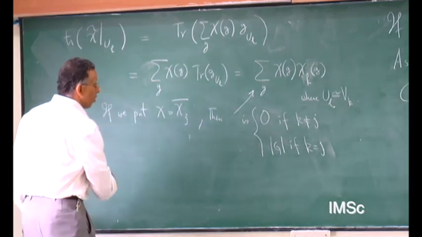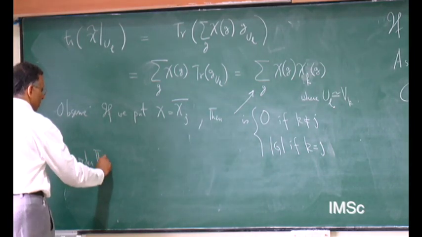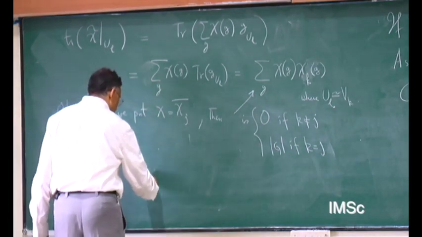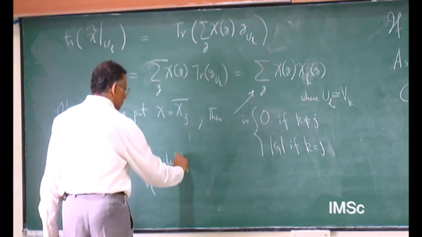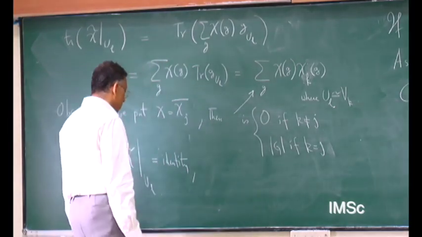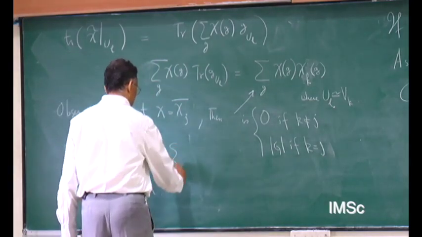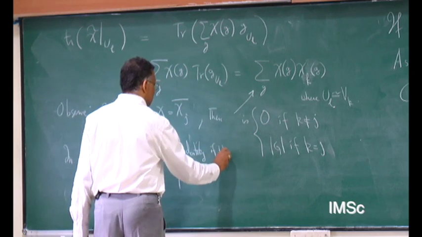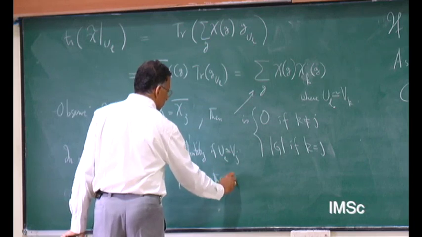In order that chi tilde restricted to UL be equal to the identity if UL is isomorphic to Vj, and 0 otherwise.